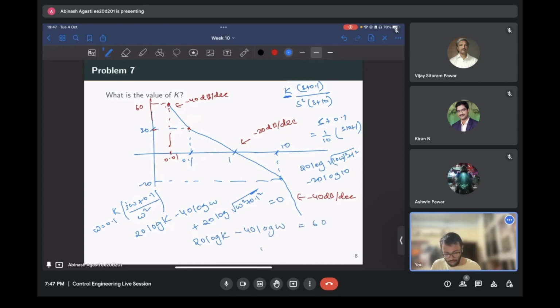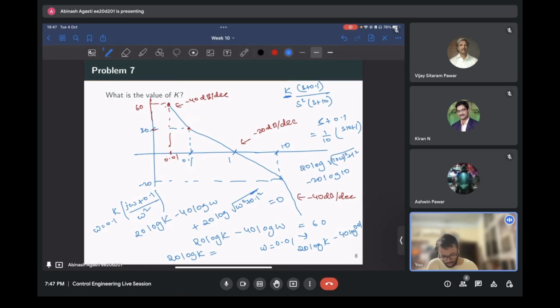So omega equal to, we'll put 0.01. So this thing will become 20 log K minus 40 log 0.01. So 0.01 is 10 to the minus 2. So we'll have this as 80. So 20 log K comes out to be, no, again I'm making some kind of mistake here, I suppose.